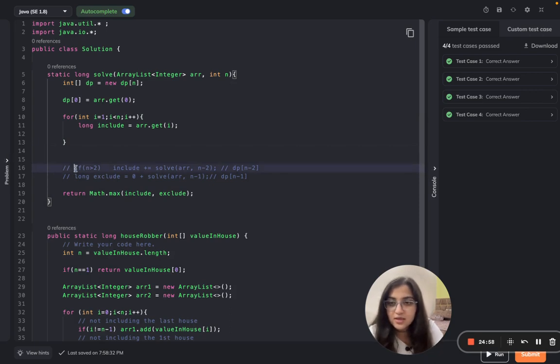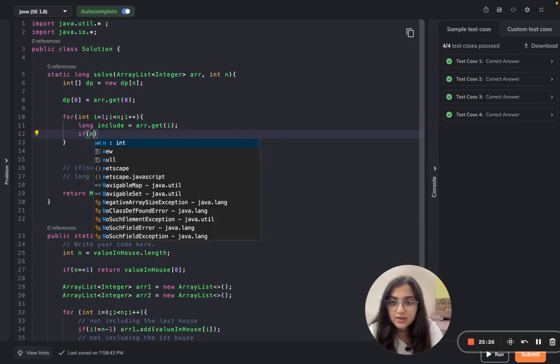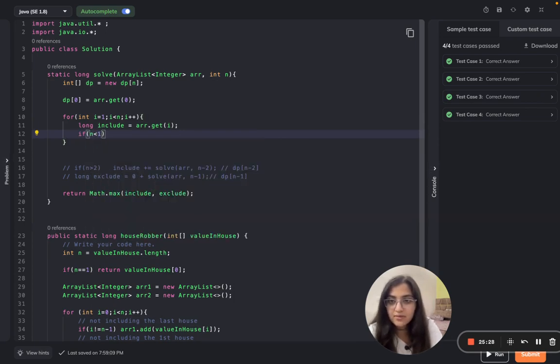Now the next is, if n is greater than 2, then we have to make a recursive call by decrementing the index by 2. So instead of that, we are just going to fetch the solution that we have already solved, and that is at the n minus 2th position, meaning the decremented position. Got it? So I'll write here, if n is less than 1.